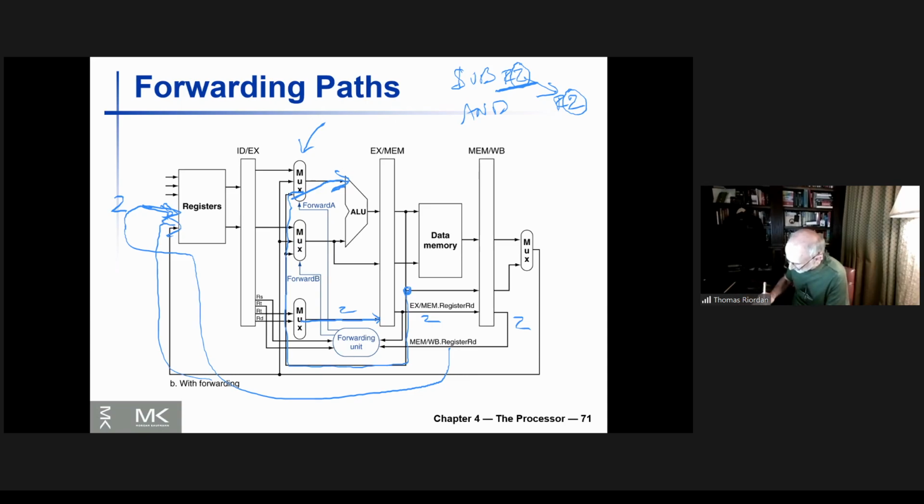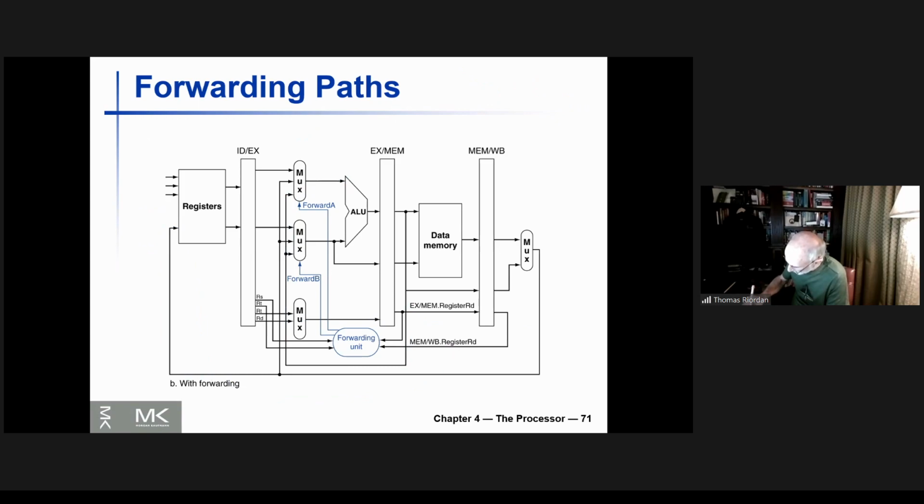But note that this is a 5-bit bus here, because it has to point to the place in the register file. It will have the value 2 on it when the original subtract is in this stage of the pipeline.